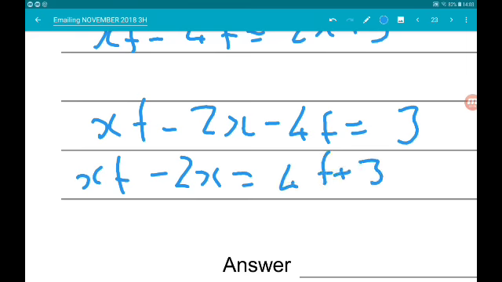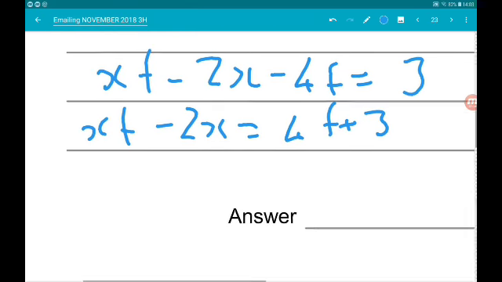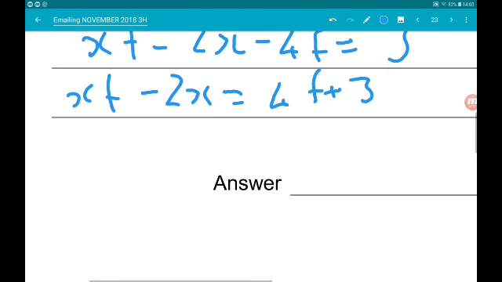add 3. Now on the left, the magic step here to turn these two x terms into one x term is to factorise.